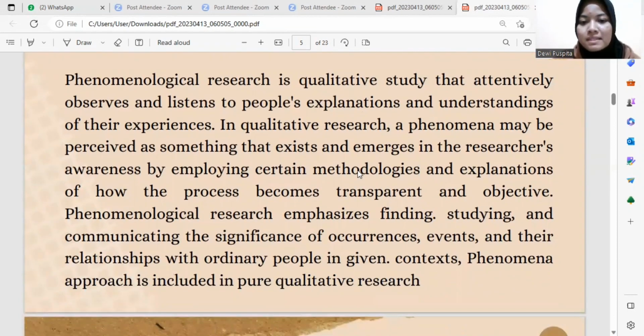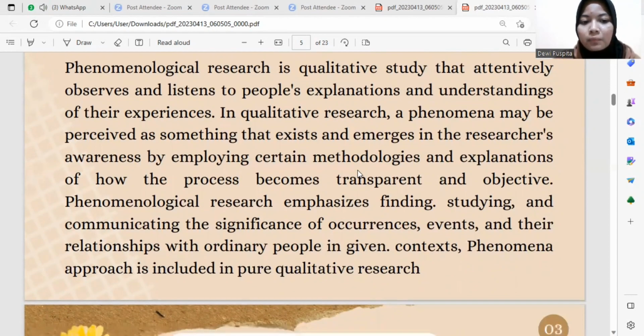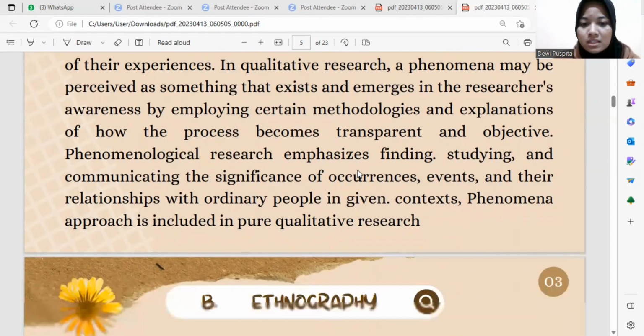Phenomenological research emphasizes finding, studying, and communicating the significance of occurrence, events, and their relationships with ordinary people in given context. Phenomena approach is included in a pure qualitative research.